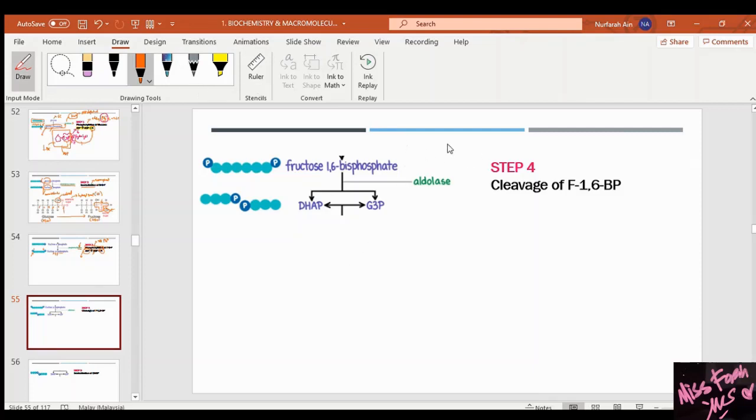So in the fourth step, before that, we need to know that fructose 1,6-biphosphate is highly unstable. Okay, this molecule is highly unstable, and due to its instability, it's prone to be split, to be cleaved into 2 molecules.